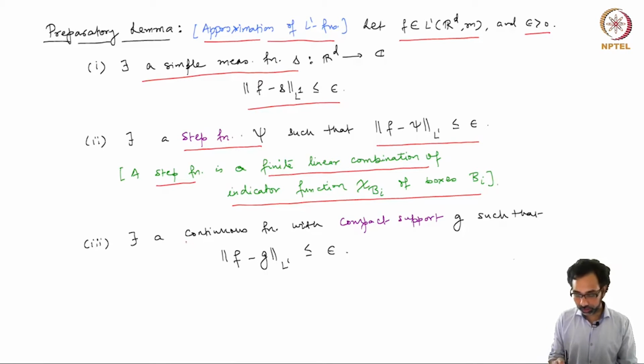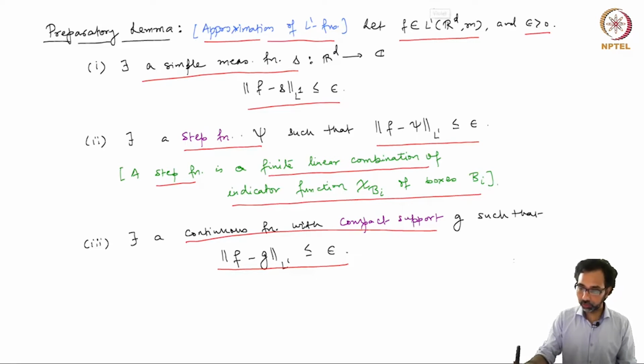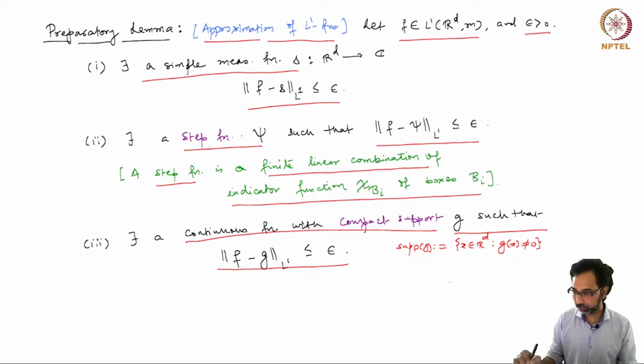And the third part is that there is a continuous function with compact support g such that the norm of f minus g is less than or equal to epsilon. So remember that the compact support condition means that the support of g, which is defined as the set of points such that g(x) is not equal to 0, you take the closure of this set.